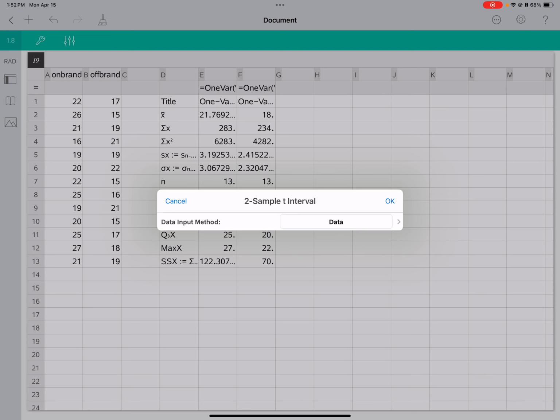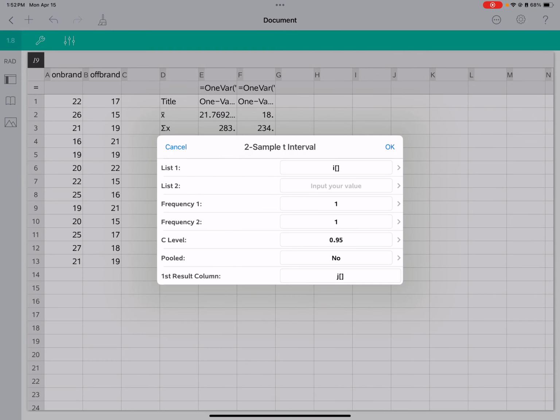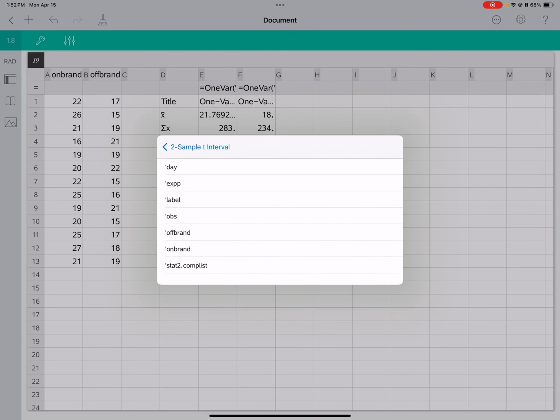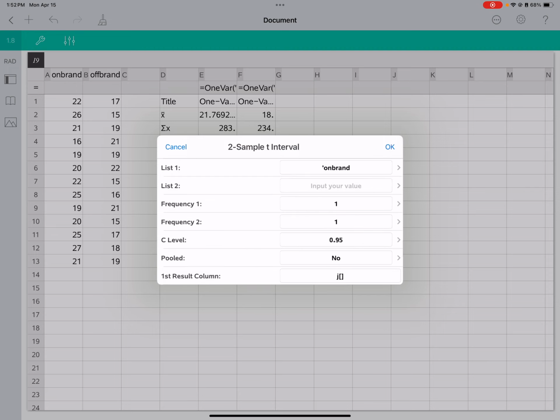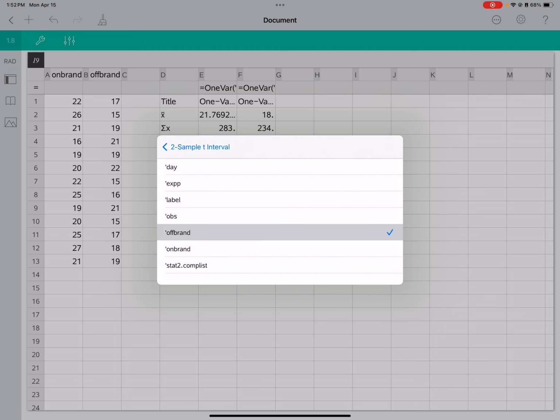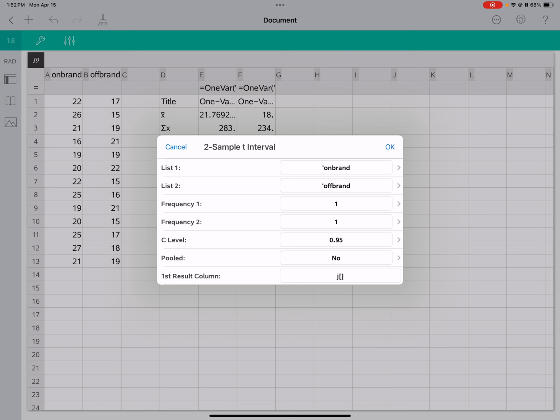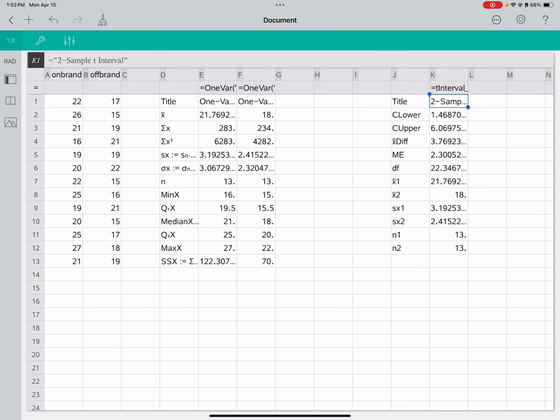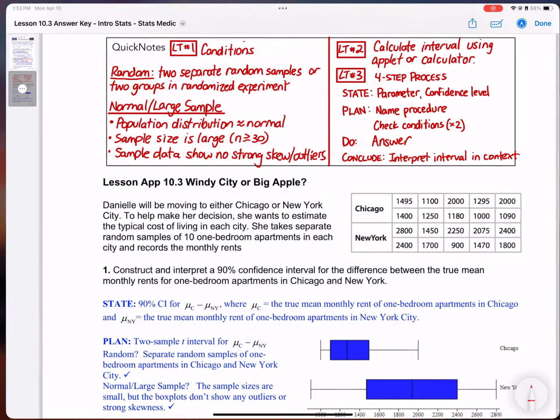And when it says data or statistics, you can do data, and all you have to do is put your list 1 as on brand, and list 2 as off brand. And that's all you would have to do. You would hit OK, and you can see you're going to get the same interval, that 1.46 to 6.06. So you can do that for this one if you want.